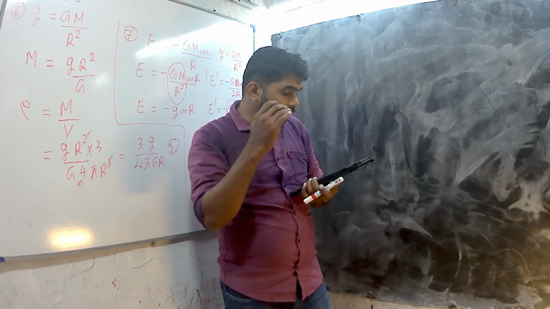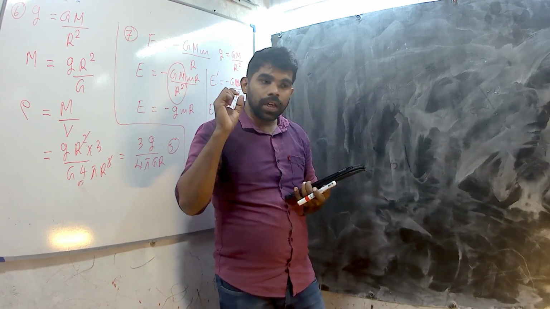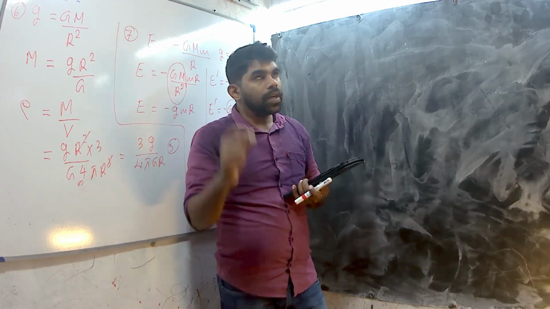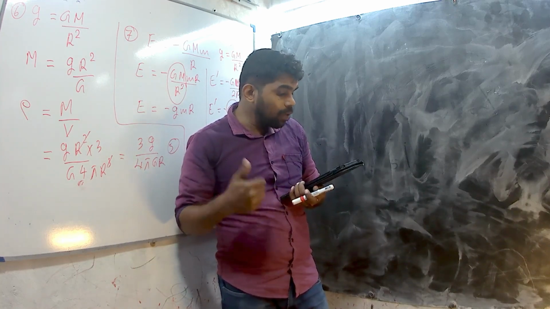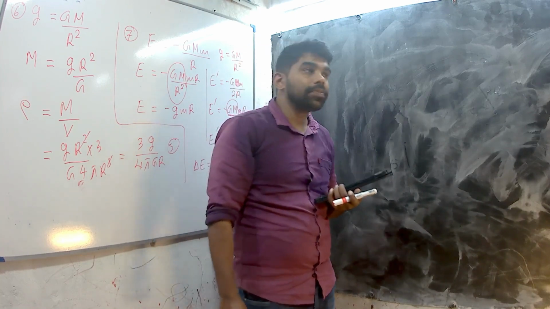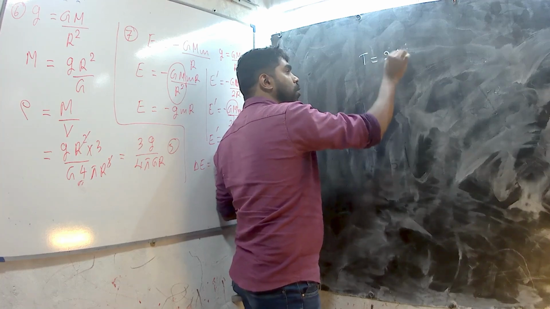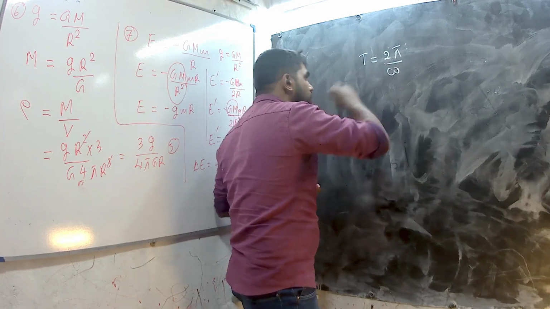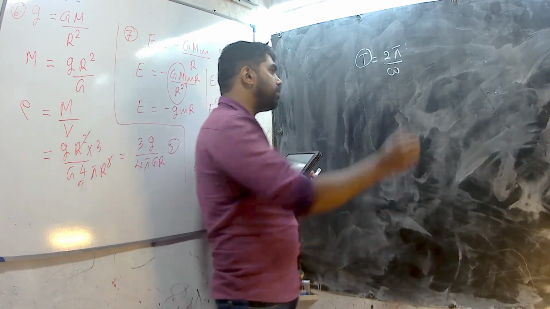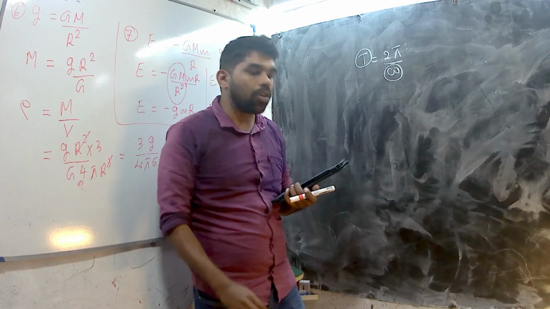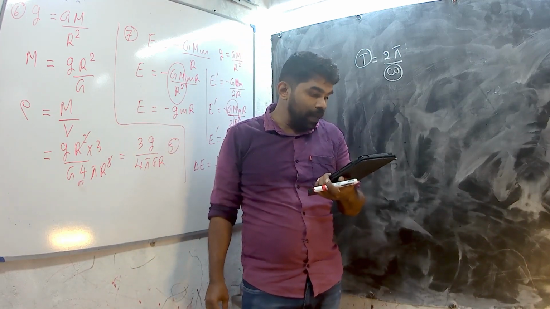Then for satellites A and B there is the same period, and therefore the same angular velocity. We know that the period is 2 pi divided by omega. There is the same period for both satellites, so omega is constant.